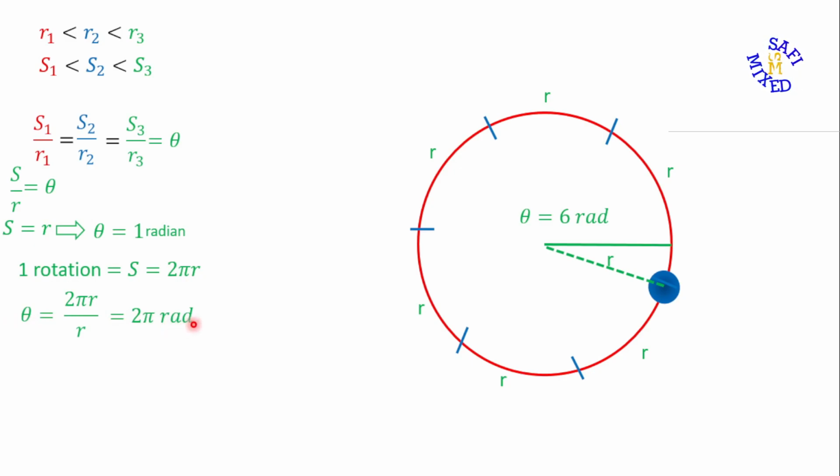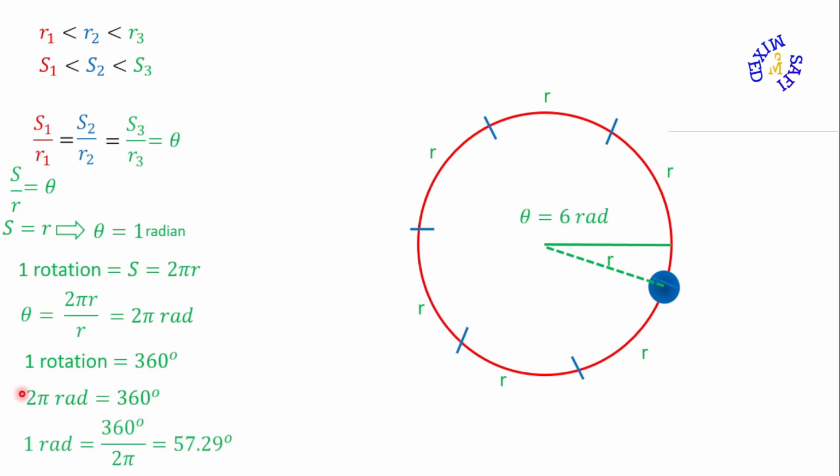And we also know that one complete rotation equals 360 degrees. So that means 2 pi radians equals 360 degrees. So I can find 1 radian equals 360 degrees divided by 2 pi, and putting the value of pi, which is 3.14 or 22 divided by 7, I can set this equal to 57.29 degrees.